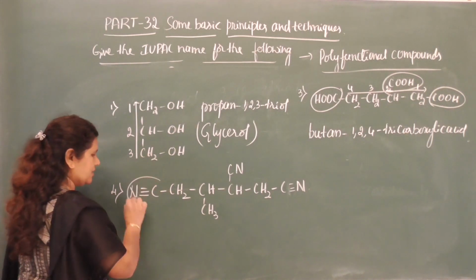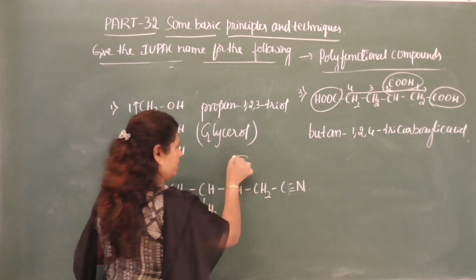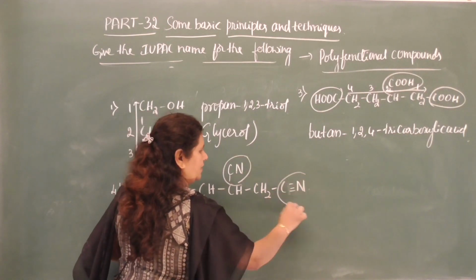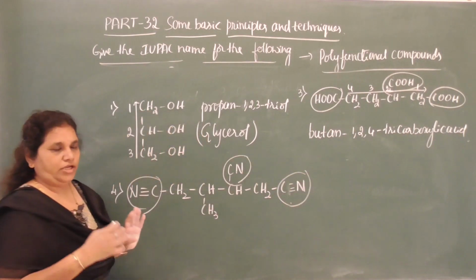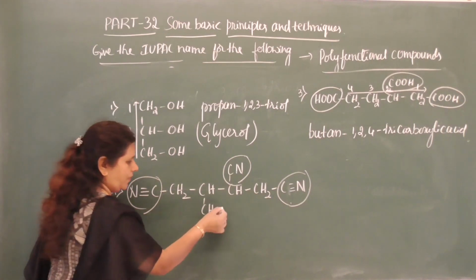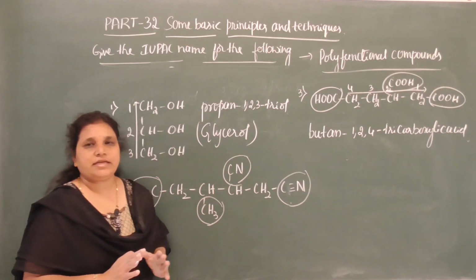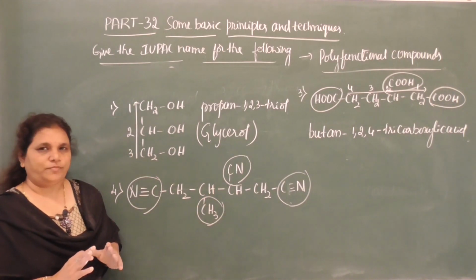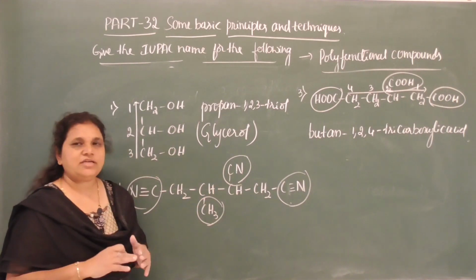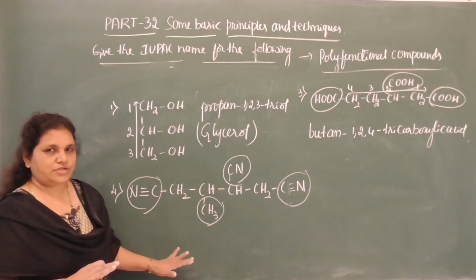Nitrile group, this is 1, this is 2, this is 3. You need to treat them as a functional group and this becomes a substituent, but we are not considering the carbon of the functional group. That's it, and we need to give the suffix only for these functional groups.